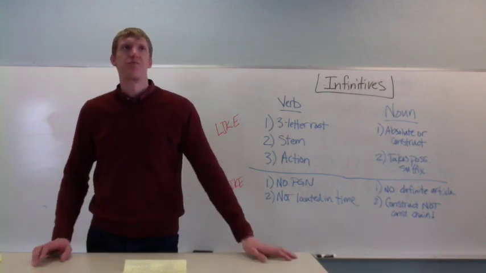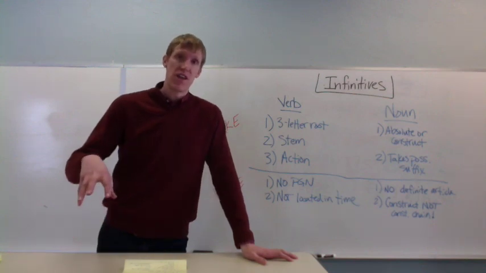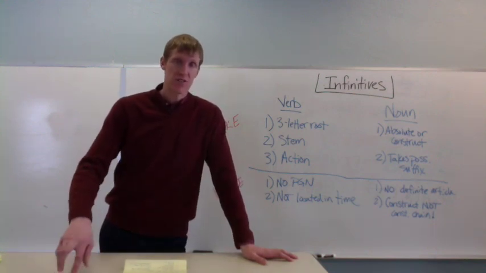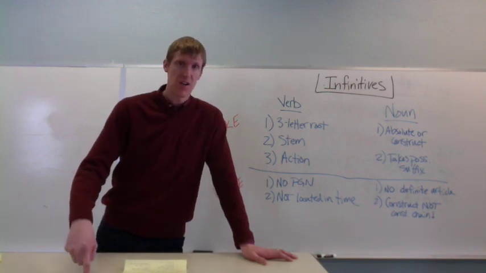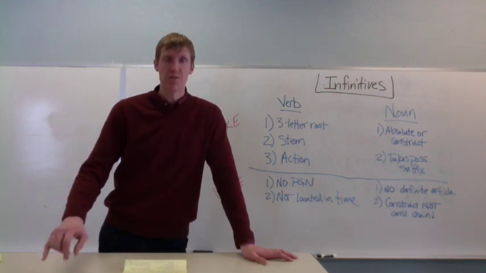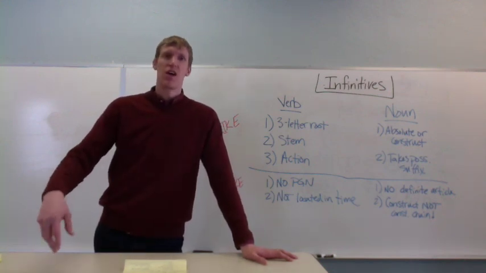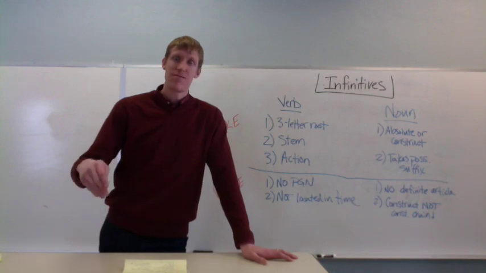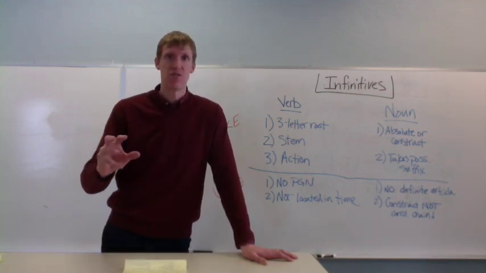Now, actually, I should qualify that a little bit by saying that with infinitive constructs, there's two kinds: infinitive construct and infinitive absolute. Infinitive constructs, 9 times out of 10, have a preposition attached to them.